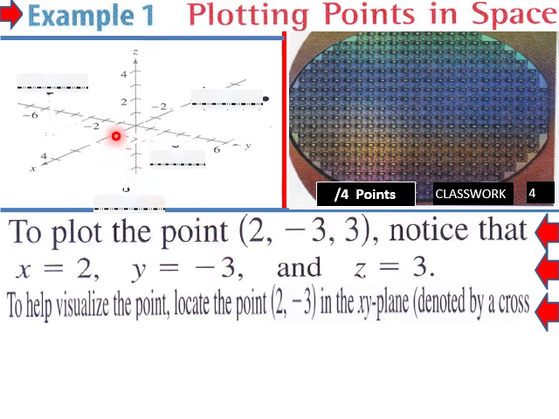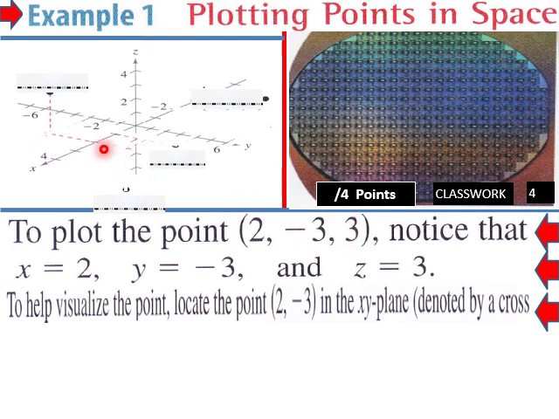So 2, wait a minute, where would it be? 2 would be here, then -3 would be out here. So this would be 2, and then -3 would be out here in the xy plane, denoted by a cross.